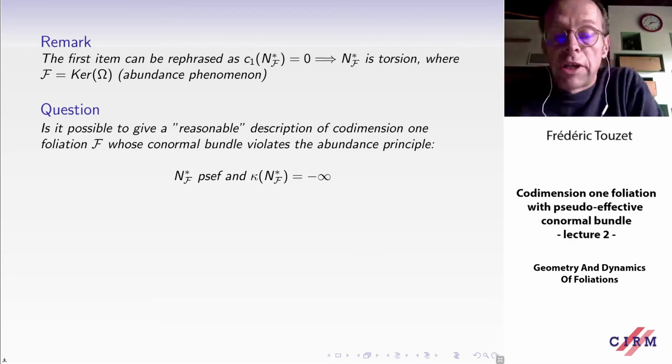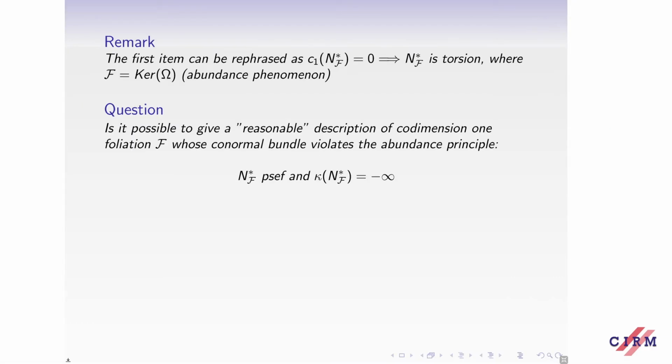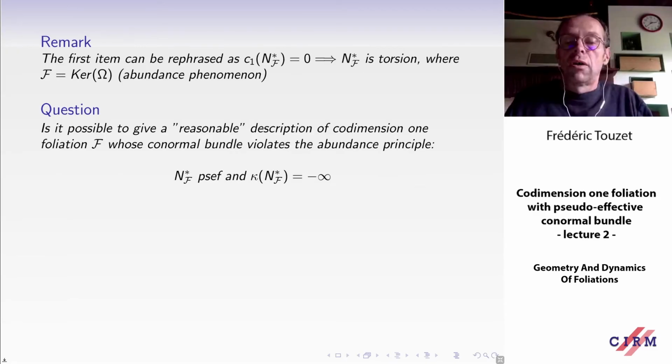So there is a natural question, indeed the main object of this lecture. The following: can we give somewhat reasonable prescription classifications of codimension one foliations with conormal bundles that do not satisfy the abundance principle?